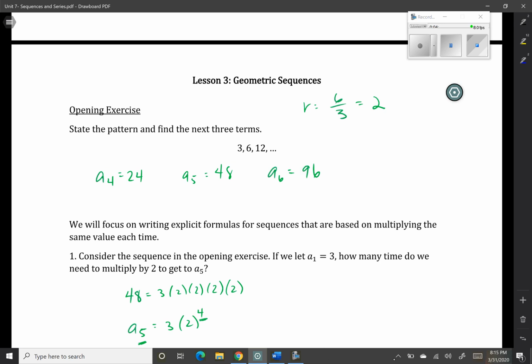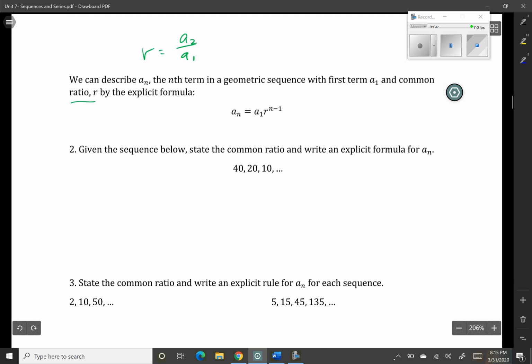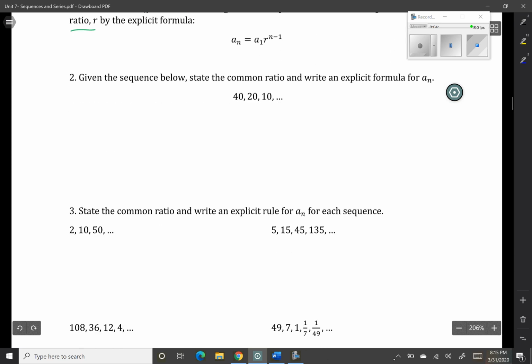Even though you can see that pattern, some of them are not so obvious to see, which you'll start to see here. So number 2 gives us another ratio and asks us to write the explicit formula. To write the explicit formula, just like the one we did in lesson 2, we need to know the first term and the common ratio. First job is to figure out how to find the common ratio. What we can see here is to get from one term to the next, we're multiplying by a half.